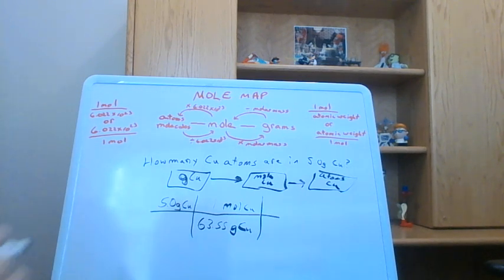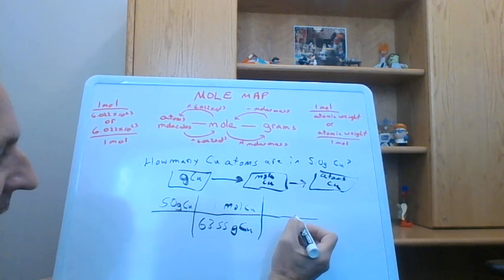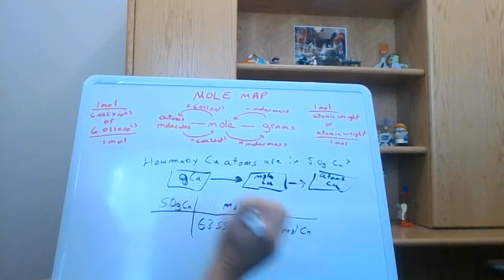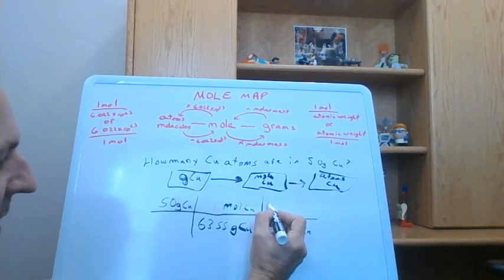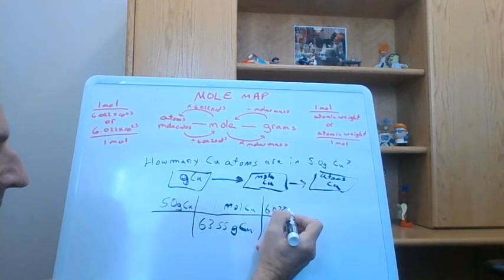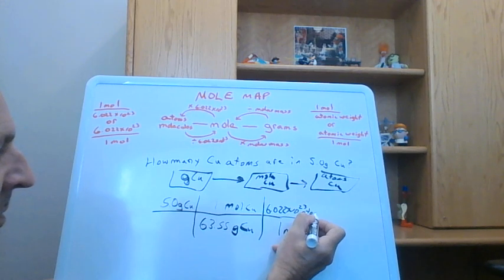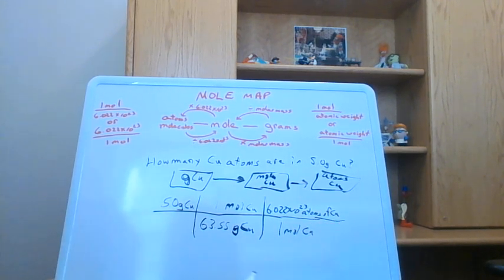Now we need a conversion factor from moles of copper to atoms of copper. So we need to know that 1 mole of copper contains 6.022 times 10 to the 23 atoms of copper. Again, we're going to multiply everything on the top and then divide it by everything on the bottom.